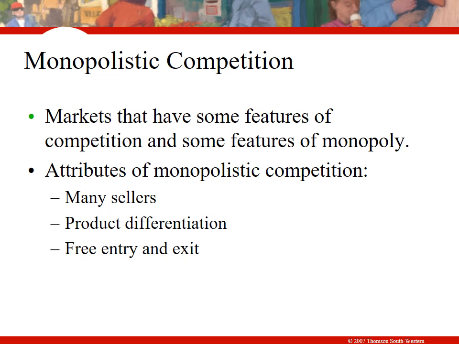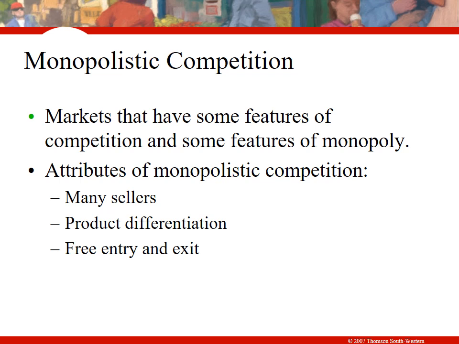A couple things for you as we launch. Monopolistic competition has some features that are similar to monopolies, and it also has some features that are similar to perfect competition. What does that mean? Here are three of them for you, and I would have these in your notes. I would make sure you know these.